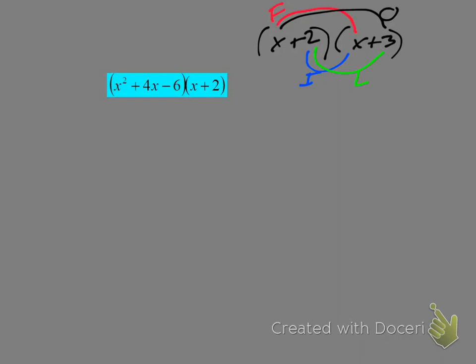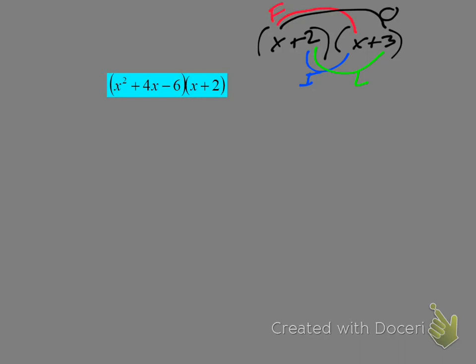Now, anybody know what this is called? The x plus 2, the x plus 3, an x plus 5, an x minus 7. Does anybody know what those are called? Start with a B. Binomial.